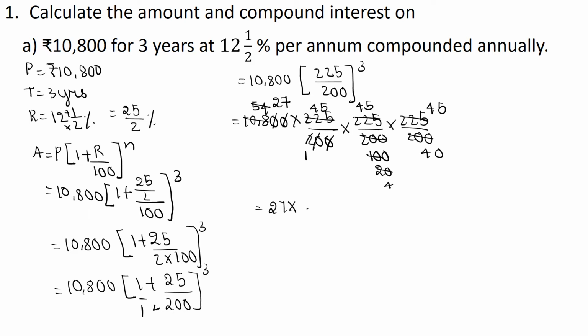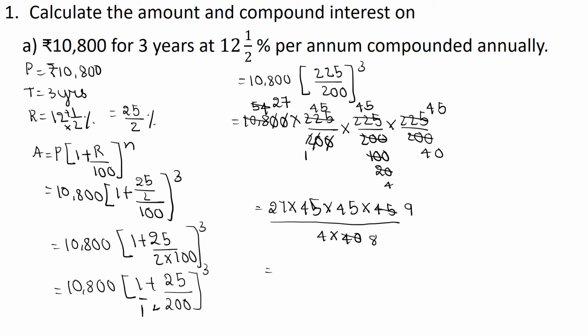So we have 27 into 45 into 45 into 45 by 4 into 40, and this goes 8 times, 9 times.